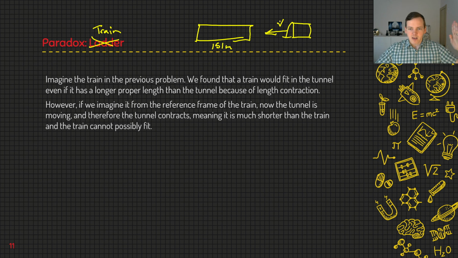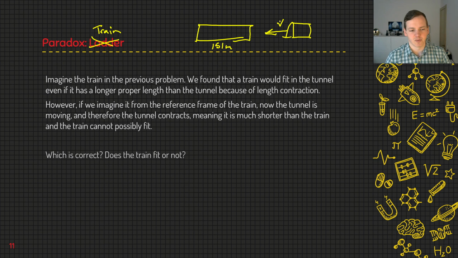Now the tunnel contracts even more, and now we're definitely way short by a factor of about 1.5. So I think the tunnel should end up being about 66 meters long from the perspective of the train. You can run those numbers yourself. And so that means it's much shorter and the train can't possibly fit.